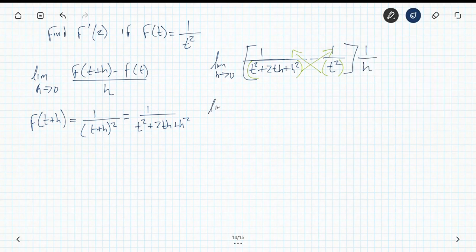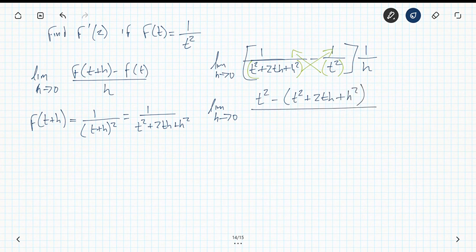So the limit as h approaches 0 of t squared minus (t squared plus 2th plus h squared), over the product of those two, so that's going to be (t squared plus 2th plus h squared) times t squared, and all of this is going to be over 1 over h.